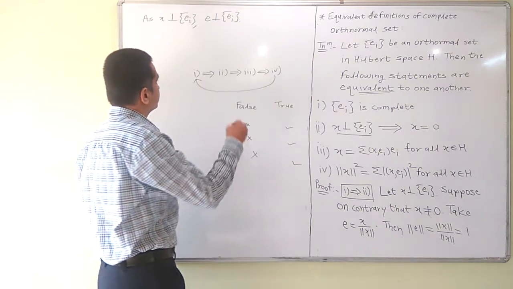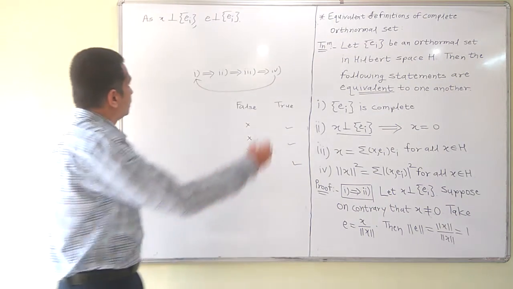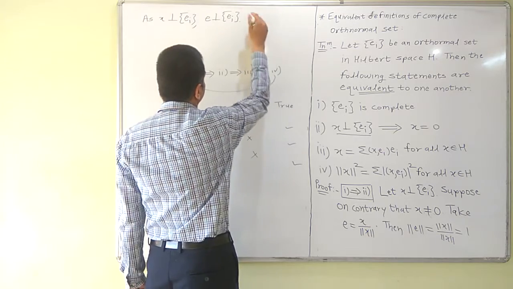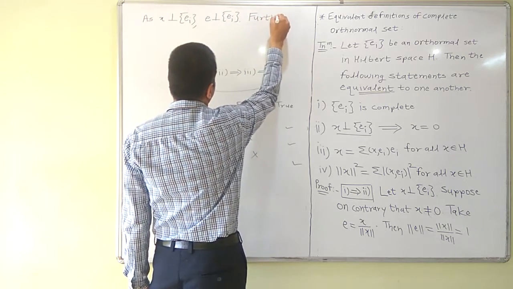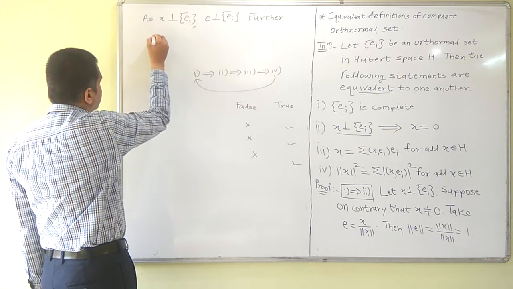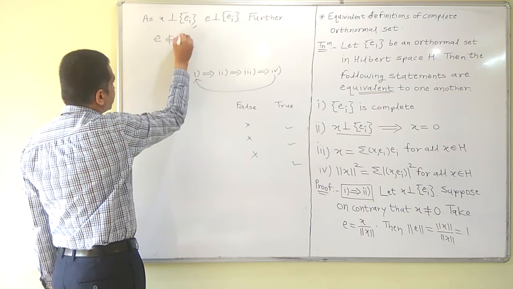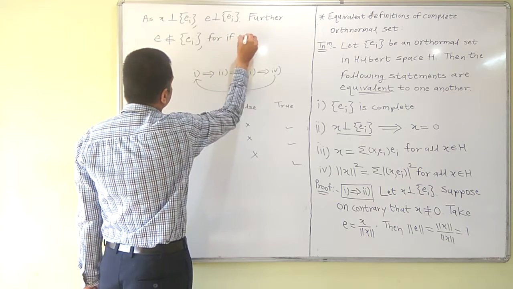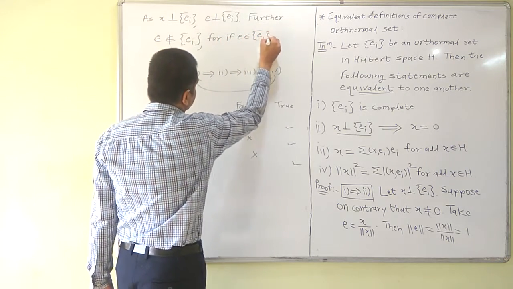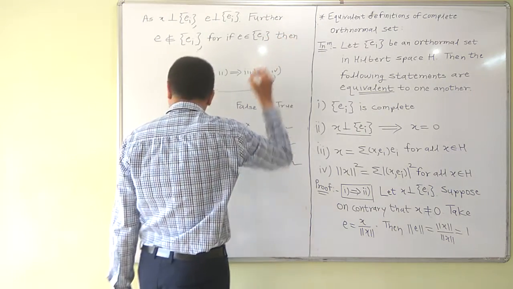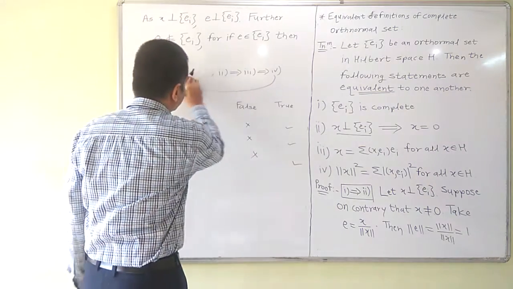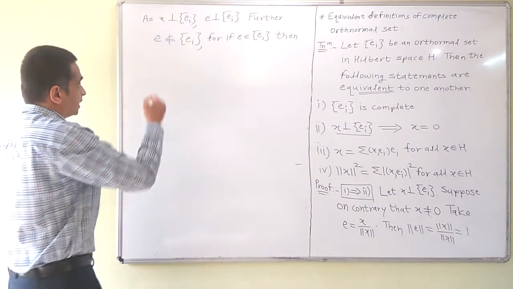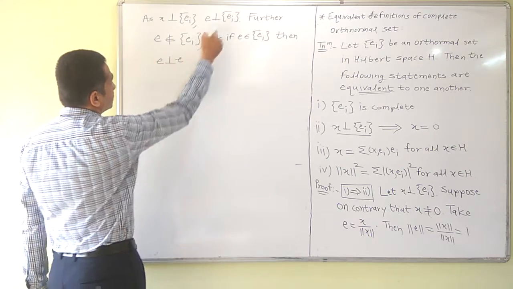Further, e does not belong to the set E_i, for if e belongs to the set E_i, then we will have that e is orthogonal to itself, because e is orthogonal to this set.